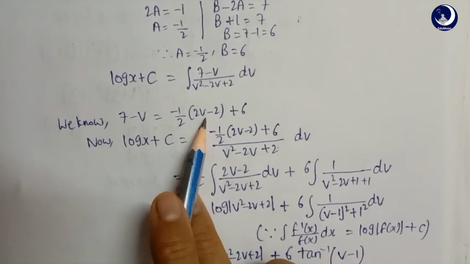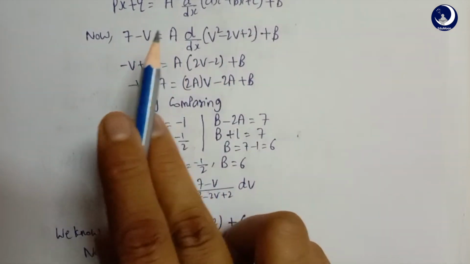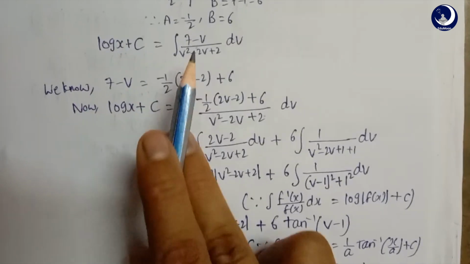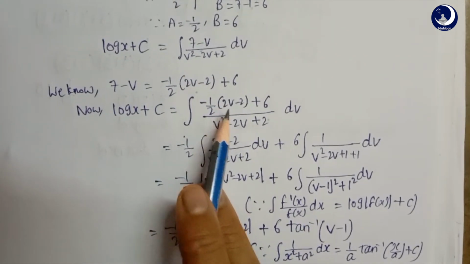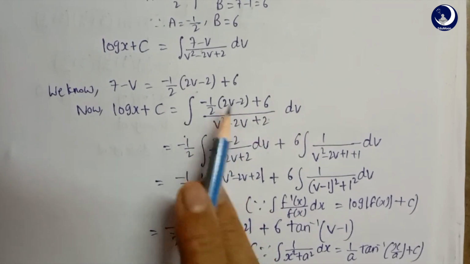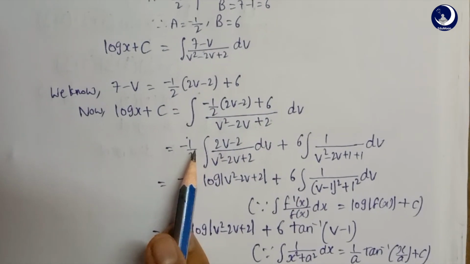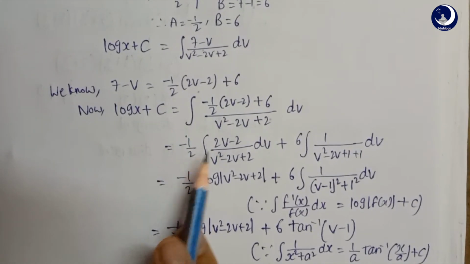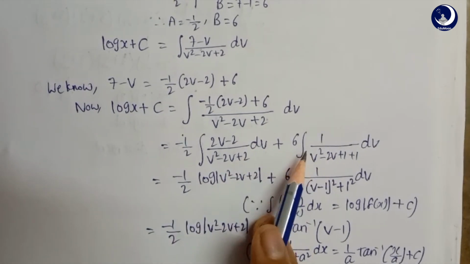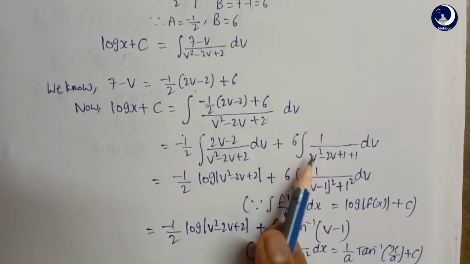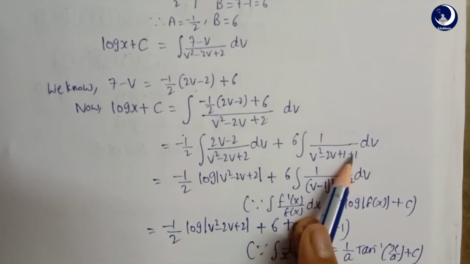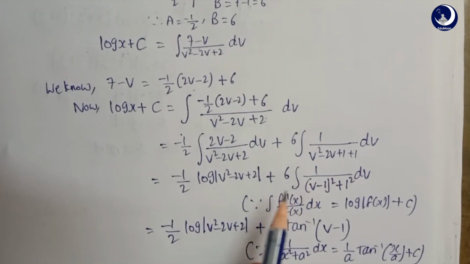So now in the equation, we took 7 minus v as minus 1 by 2 into (2v minus 2) plus 6, by v square minus 2v plus 2 into dv. Now split into these functions, put constants outside: minus 1 by 2 integral (2v minus 2) by (v square minus 2v plus 2) dv plus 6 into integral 1 by (v square minus 2v plus 1 plus 1), I took 1 plus 1 due to my consideration.